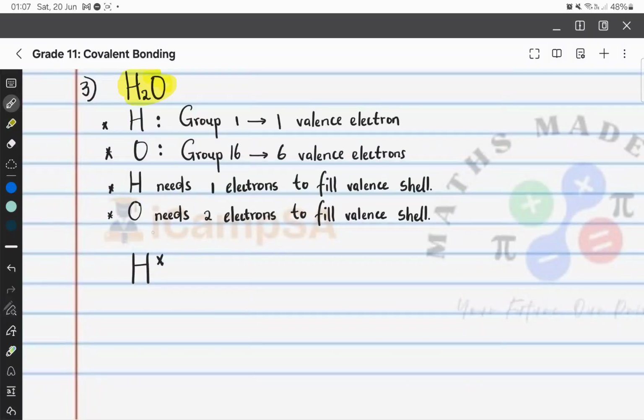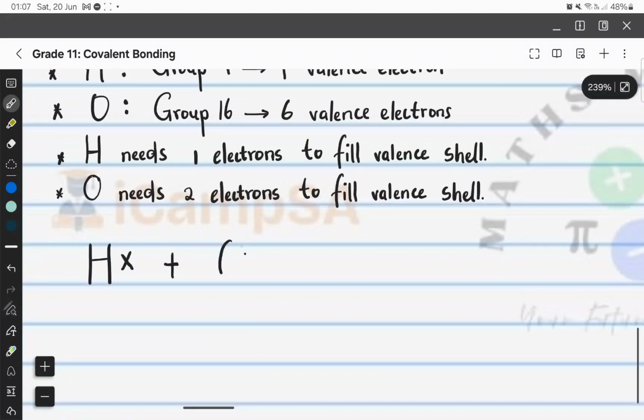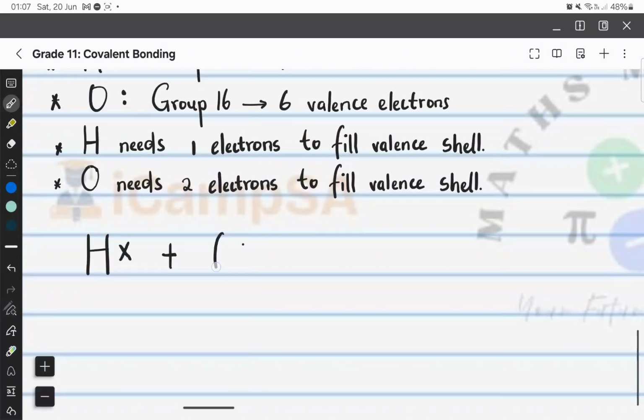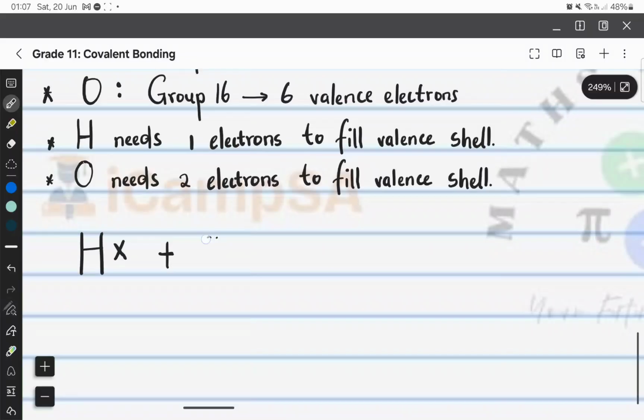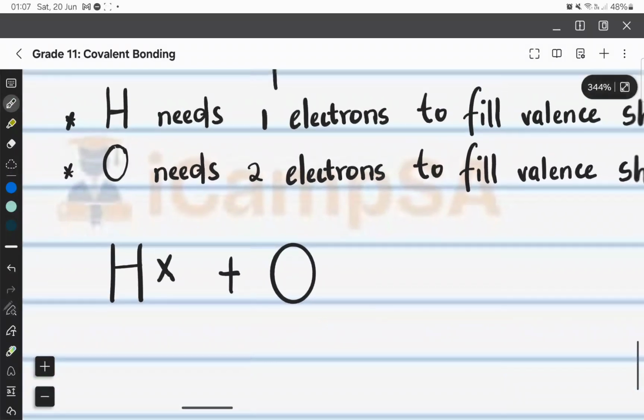It'll just have 1 there. We'll use crosses for the hydrogens since they are both the same, and for now we'll use dots for oxygen. This is our oxygen atom, which will have 6 valence electrons.